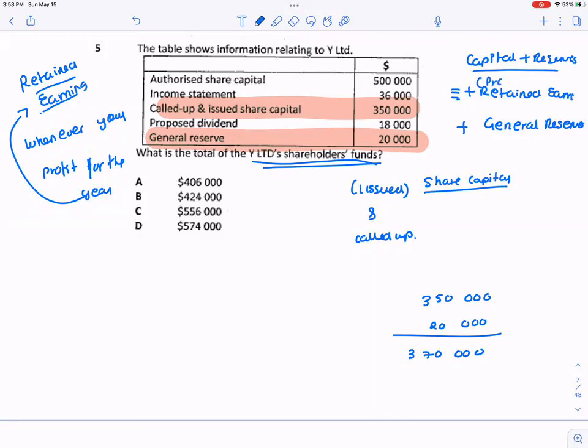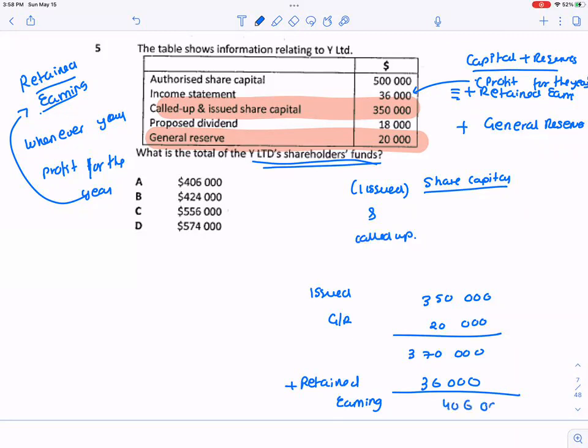In retained earnings, we put the profit for the year. Profit for the year comes from the income statement. So this is issued and called up share capital, general reserves, and retained earnings. Retained earnings is 36,000, so it comes to a total of 406,000 shareholders funds. Are you with me?